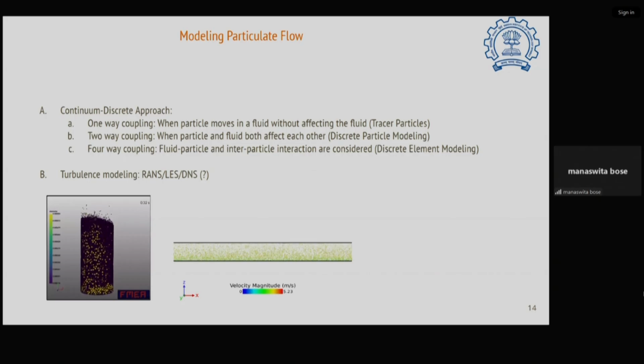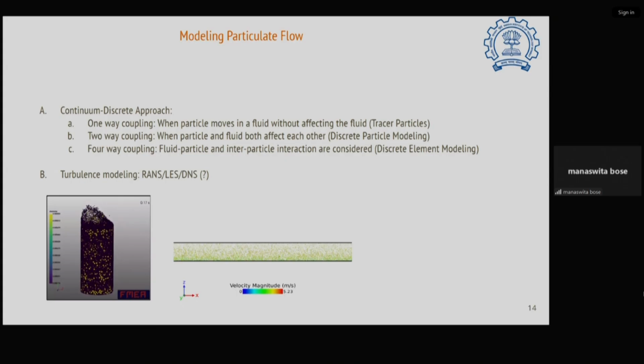One time scale is the viscous time scale. One can get it from balancing the momentum conservation equation for the particle at equilibrium. From the Stokes drag law, the viscous time scale is rho p d p square by 18 mu.